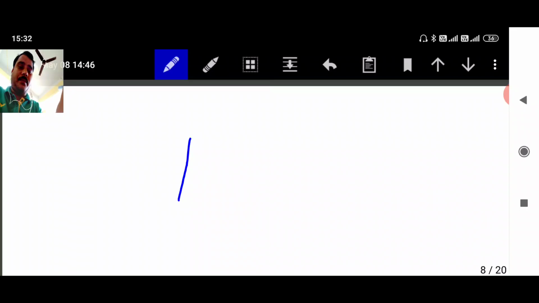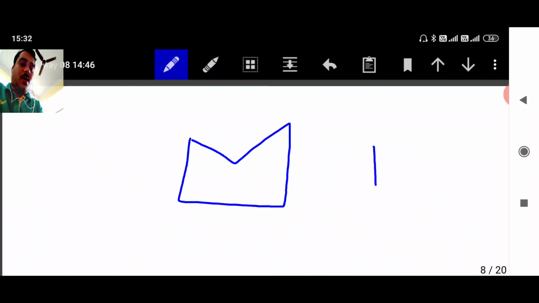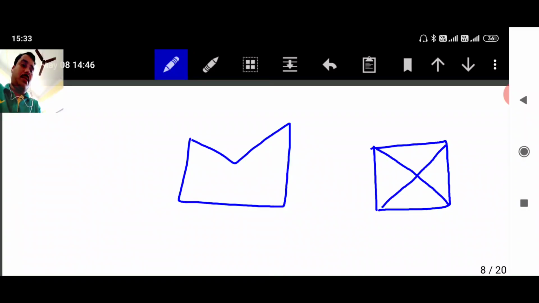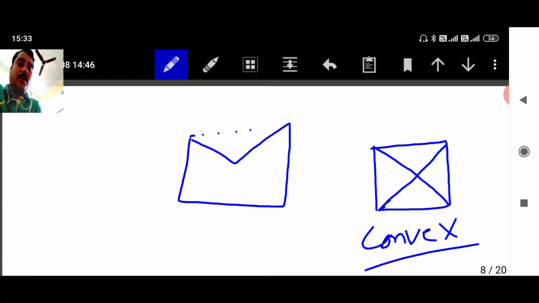Okay, if we have a polygon of this type and one polygon of this type, then in the first both the diagonals lie inside, so it is convex, and here one diagonal is outside, or exterior of the polygon, so it is concave.